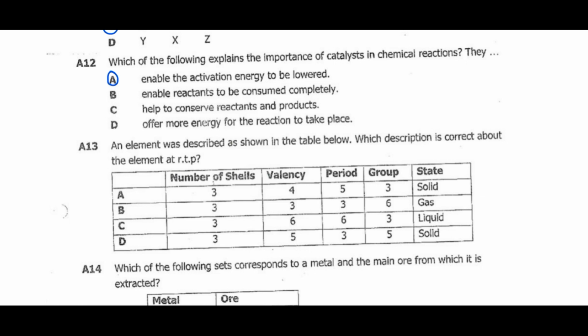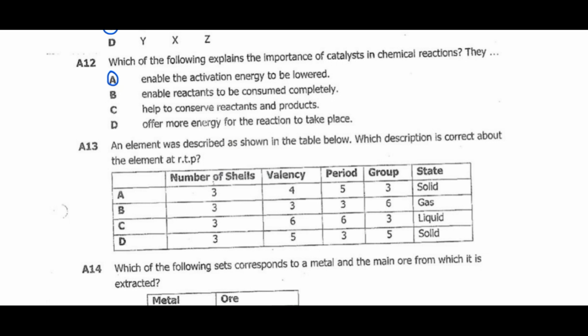Then 5. Then period, it is in period 5, 3, period 6, then 3, group 3, then 6, 3, 5. So let's analyze these numbers.